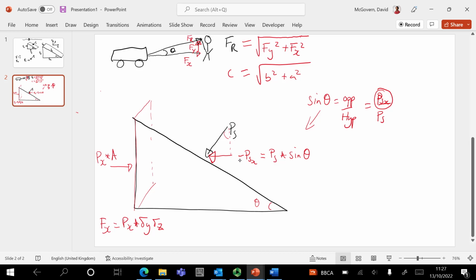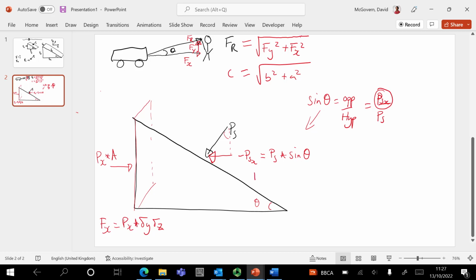I'm going to call it negative because I have to give it the opposite sign because it's acting in the other direction to my PX multiplied by A, my force in the x direction. It must have a negative sign. And that's just my decision which one's positive and negative, but you must make sure that if it's acting in a different direction to whatever your positive direction is, you give it the opposite sign, the negative. So that's the pressure in the x direction.